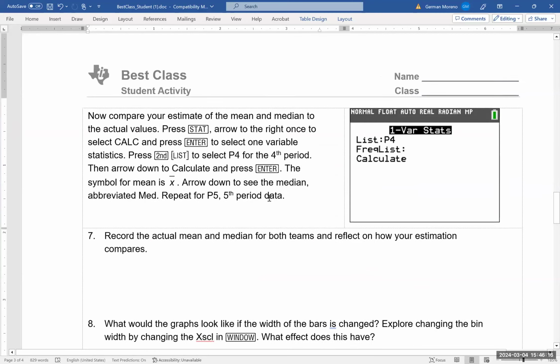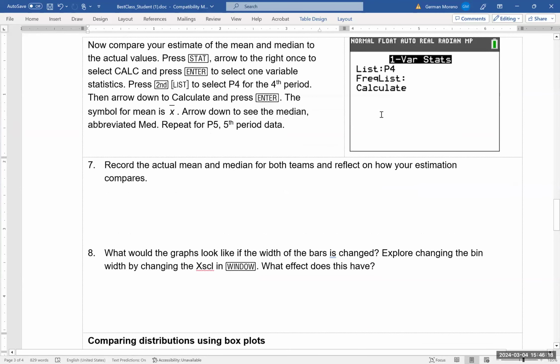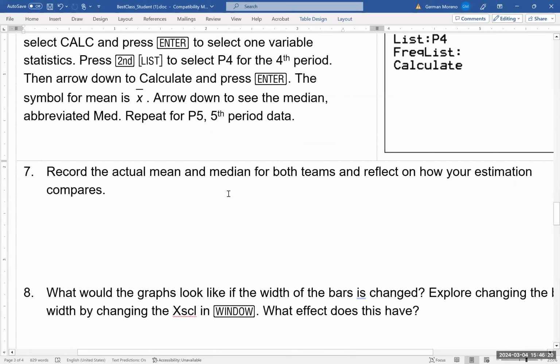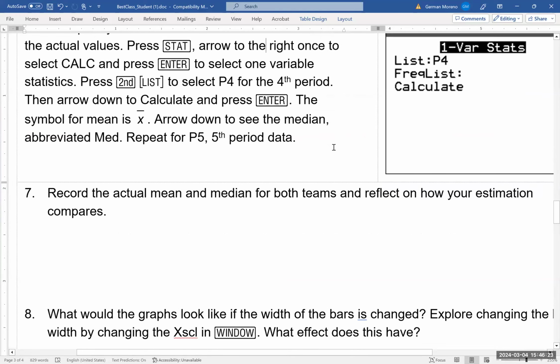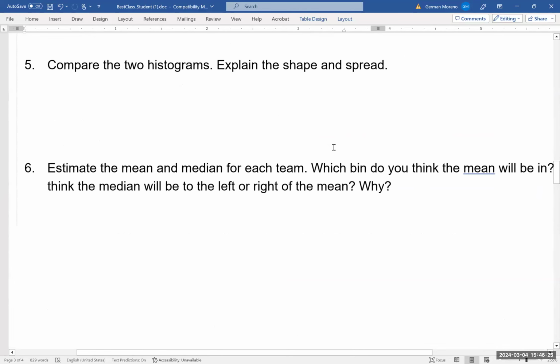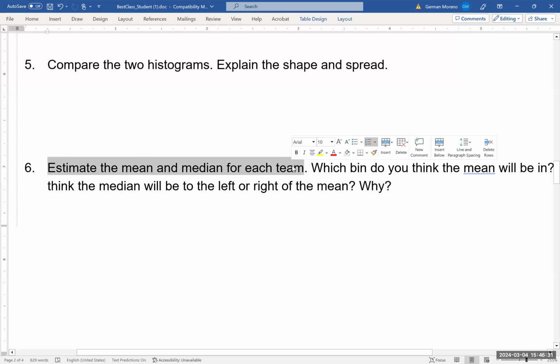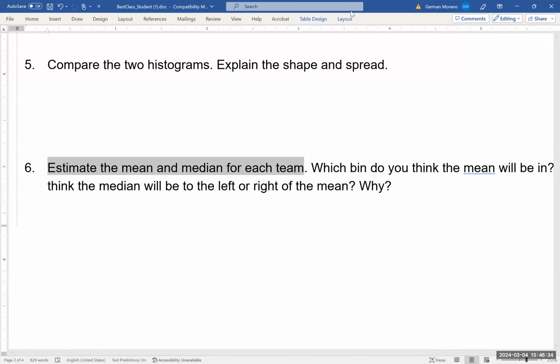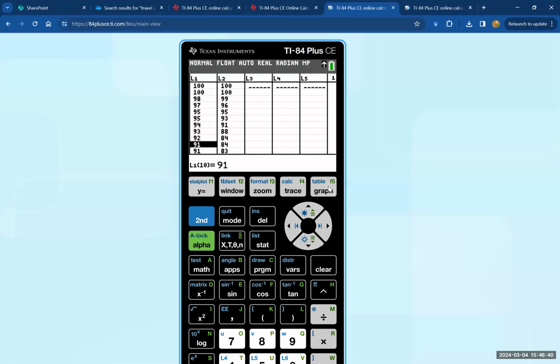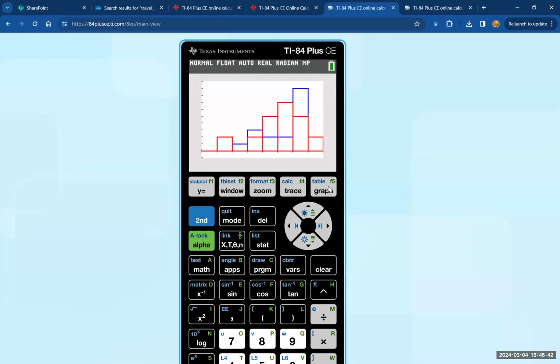So they ask you to record the actual mean and the median once you have done, sorry, I don't think I was sharing number six. Number six asks you to estimate the mean and the median, and you should be able, as I said, to do number six by looking at the graphs and studying the distribution.